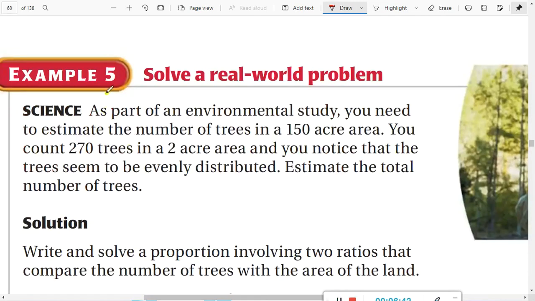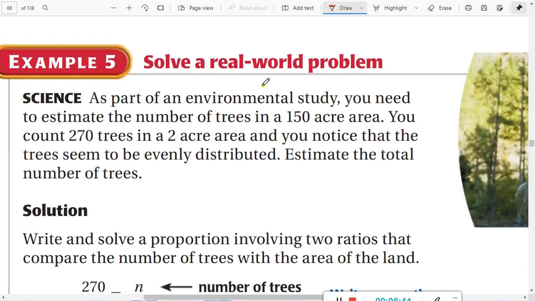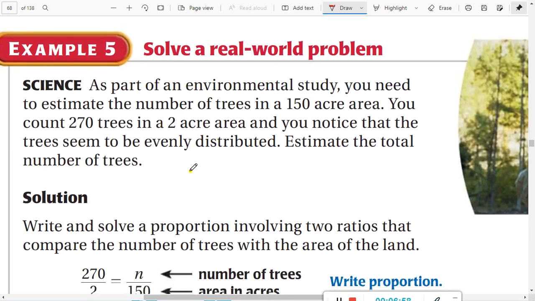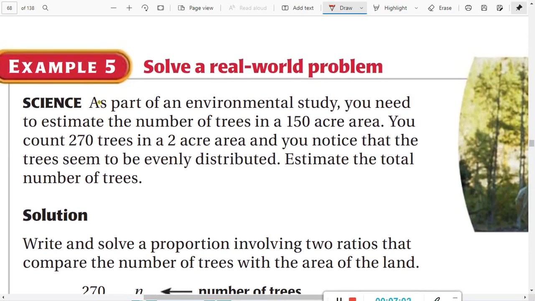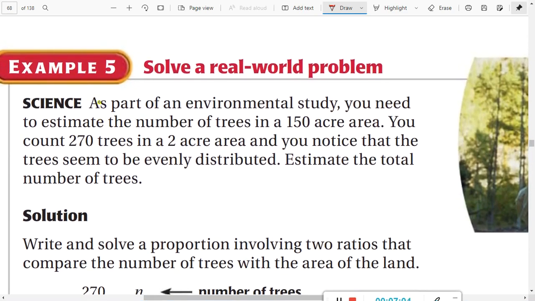All right, example 5. As part of an environmental study, you need to estimate the number of trees in a 150-acre area. You count 270 trees in a 2-acre area, and you notice that the trees seem to be evenly distributed. Estimate the total number of trees. Okay? So, there's 270 trees in a 2-acre area.